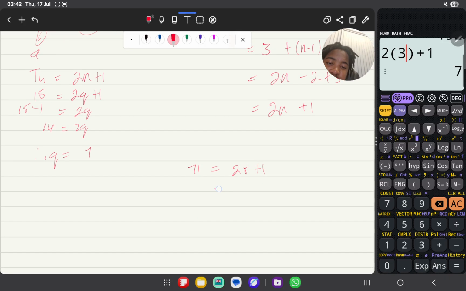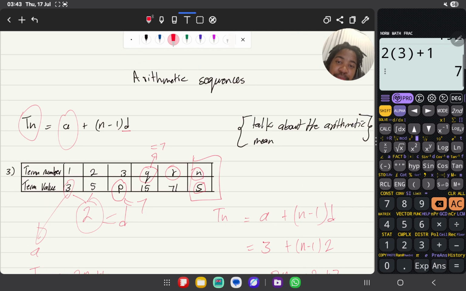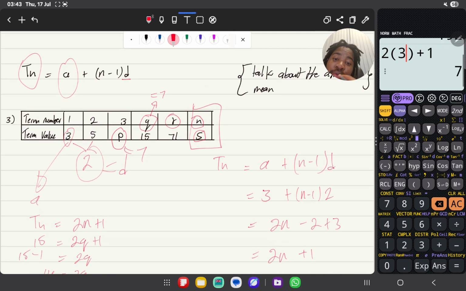And I have 71 minus 1 equals 2r, 70. And therefore, r equals 35. You see, r equals 35. Let me just investigate here. What was I thinking for the last one?